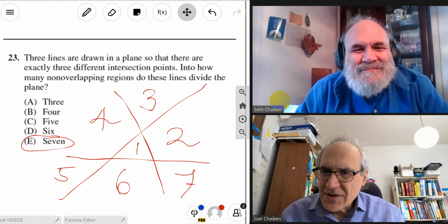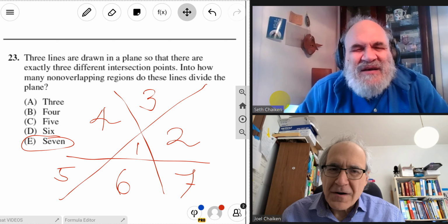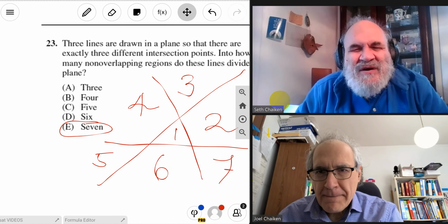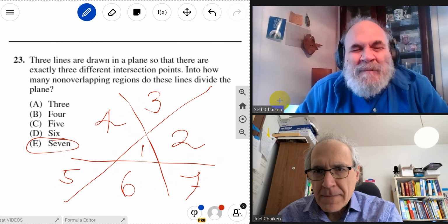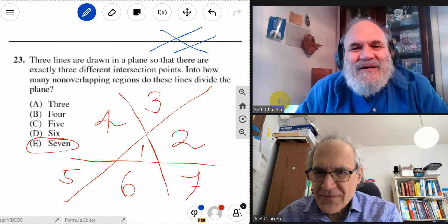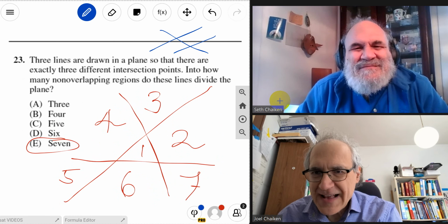What happens if the lines are parallel? Then they will not meet at exactly 3 different points, and the number of regions will be fewer. Let me try that. Only 6.